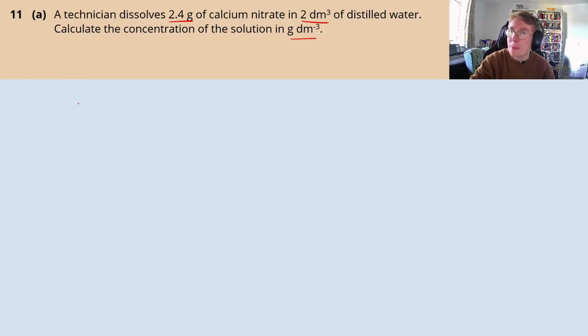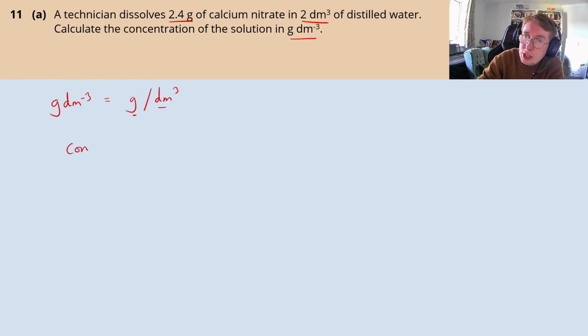Now, just so you're aware, before I do anything, this unit here is exactly the same as writing grams per decimeter cubed this way. They're just two different ways of writing the same unit. Looking at the unit can help us define what concentration is and derive the calculation, because it's in grams per decimeters cubed.